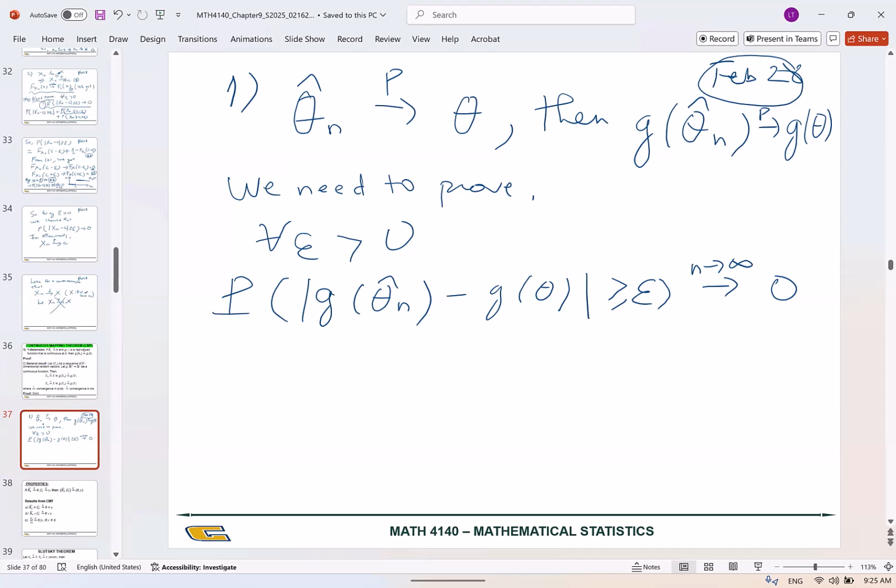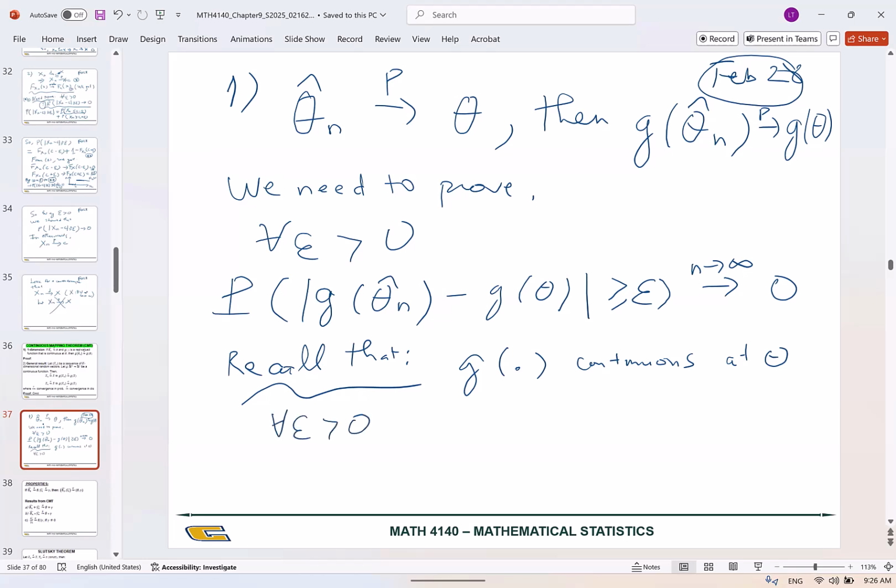So if you remember the definition of a continuous function, recall that if g is continuous at theta, then for any epsilon positive, there exists, and this is the exists notation, and this is for any.